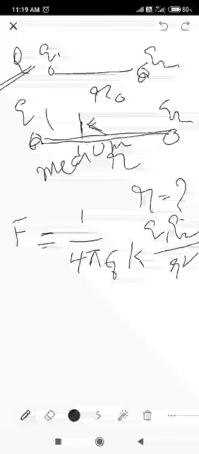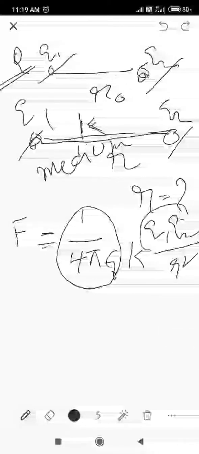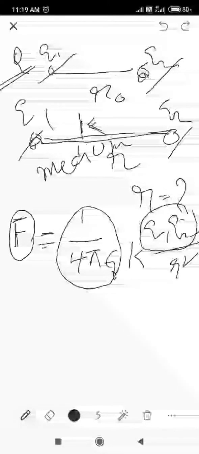Here 1 by 4 pi epsilon naught is constant. Same charges we have taken in the two situations, so the q1 q2 value is also constant, and in the two situations the force between the two charges is also the same, that means F is also constant.